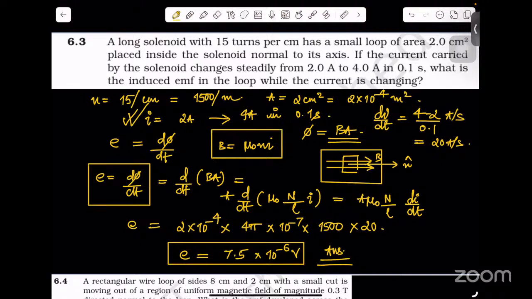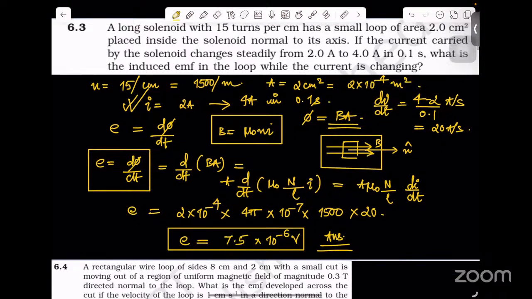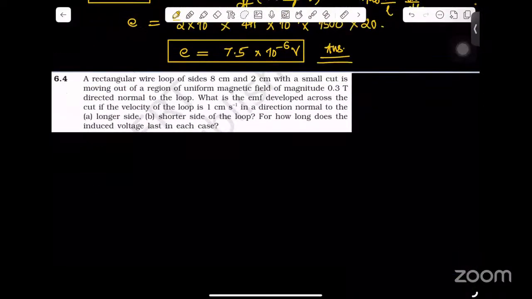with the next question, question number 4. Let's read out the question statement first. We have a rectangular wire loop of sides 8 centimeters and 2 centimeters, with a small cut, moving out of a region of uniform magnetic field of magnitude 0.3 Teslas directed normal to the loop.